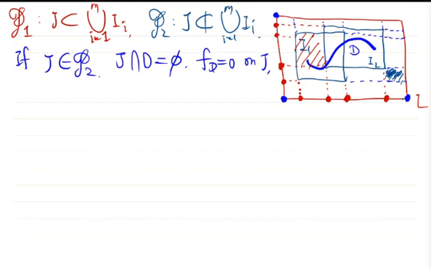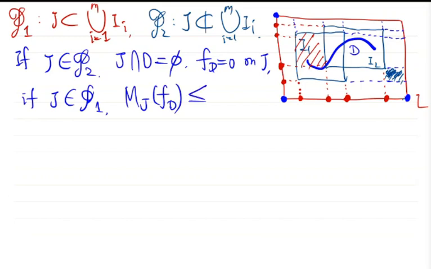Okay. And if J is from the first class, then fD might not be 0, but the supremum of fD over such a rectangle is not greater than the upper bound of our function f.